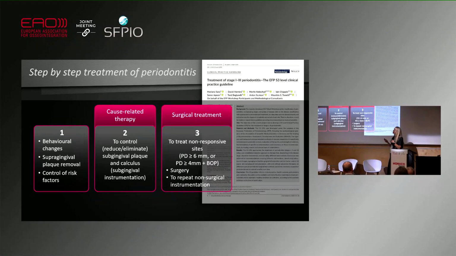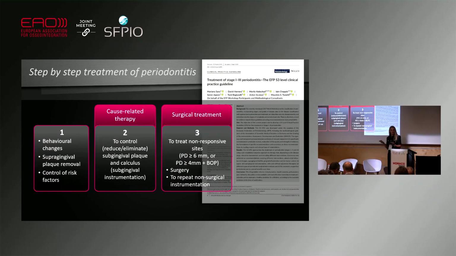Then we re-evaluate the patient after a certain amount of time, usually 3 months, and if we still do not achieve the treatment goals that we discussed before, we have to make a decision. What do we do? Do we re-instrument the site or do we go for surgery?